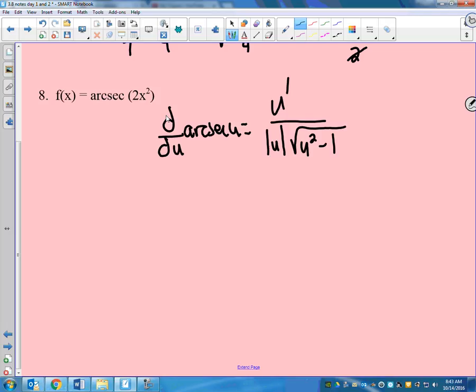Sine and cosine, it's 1 minus u squared. Secant and cosecant, it's u squared minus 1 under the square root. So hopefully maybe that helps remind you a little bit of how to memorize that.